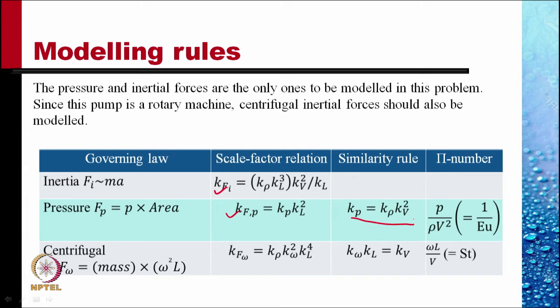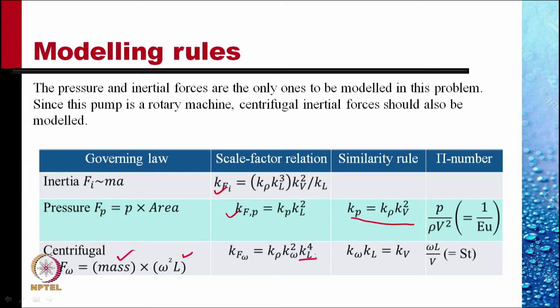And so the scale factor for the centrifugal force is K rho KL cubed, K omega square into KL, so KL raised to power 4. 3 L's from mass and 1 L here. So KL raised to power 4.